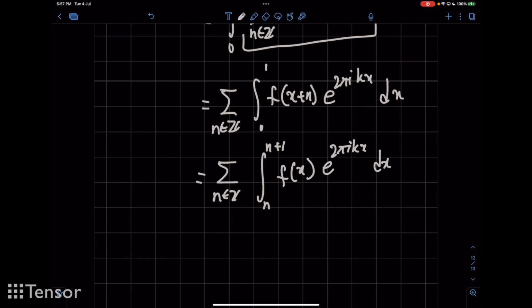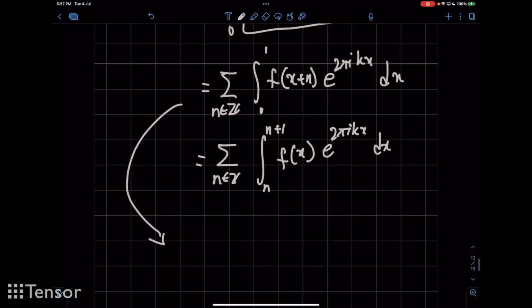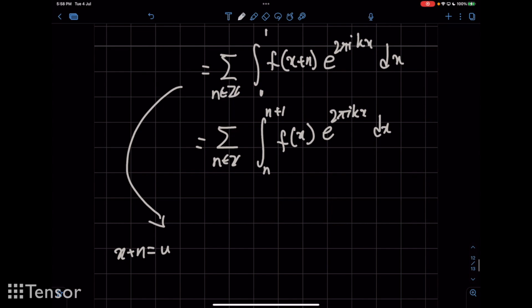So let us write the change of variables more explicitly. From here, I'm writing x plus n is equal to, let's say, some other variable u. So then the integral becomes: as x is 0, u is n; as x is 1, u is n plus 1.